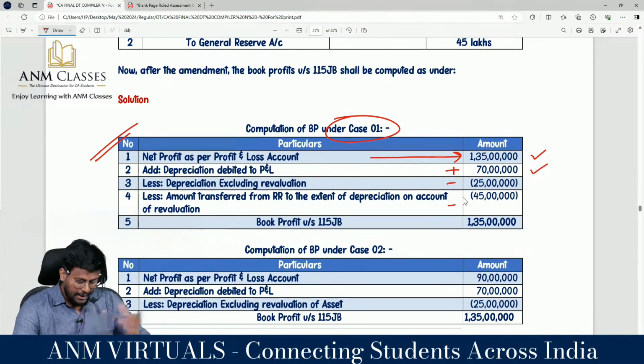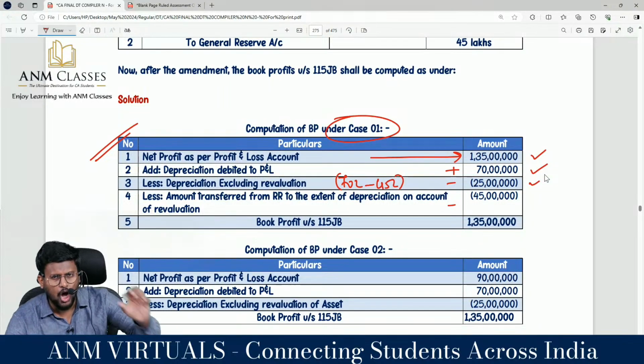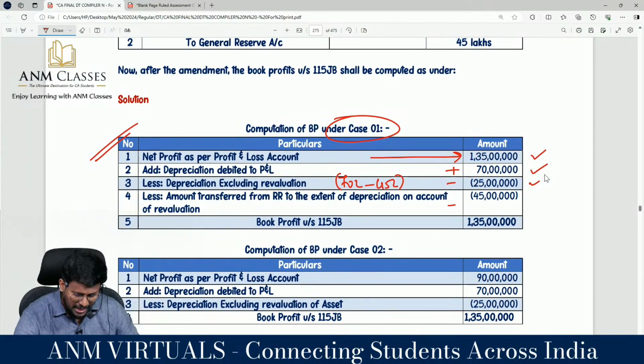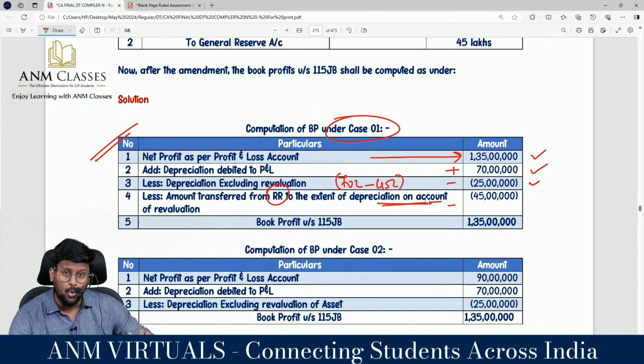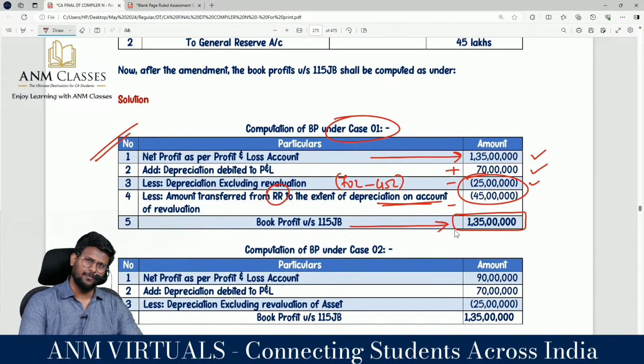Less depreciation excluding revaluation, because 70 lakh minus 45 lakh I will be getting 25 lakhs, the normal depreciation without revaluation. Whereas the amount transferred from revaluation reserve to the extent of depreciation on account of revaluation is 45 lakh. So 70 lakhs add, 70 lakhs minus, 1 crore 35 lakhs is the book profit.